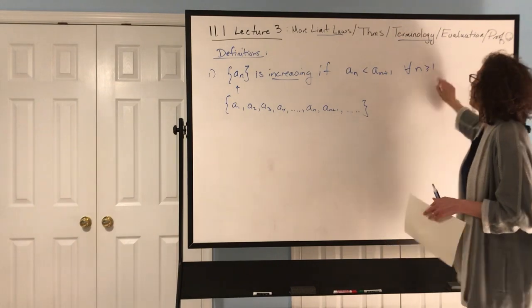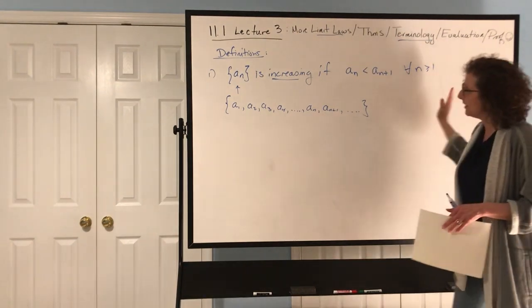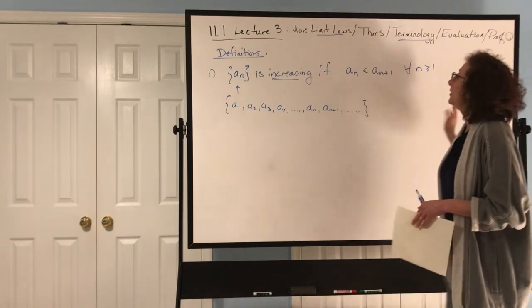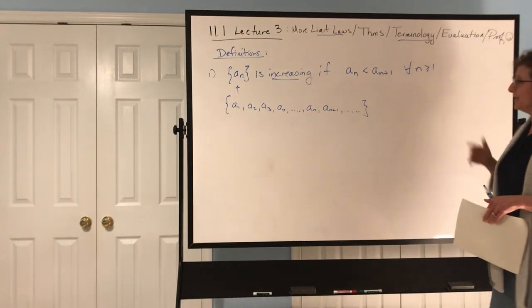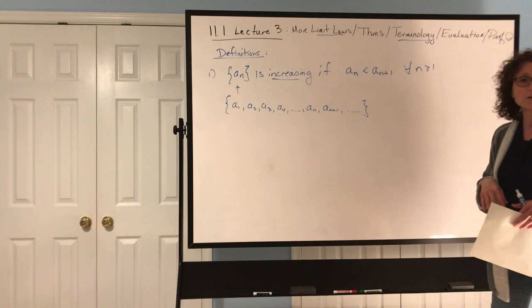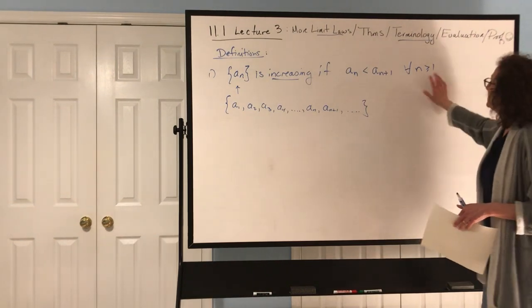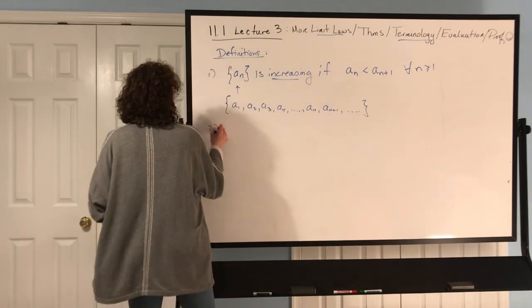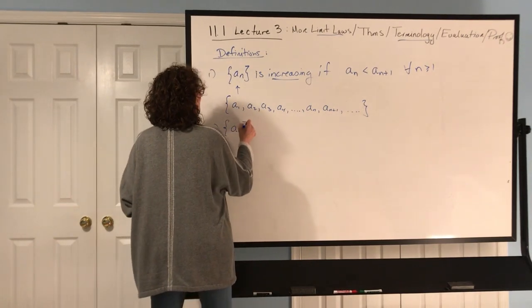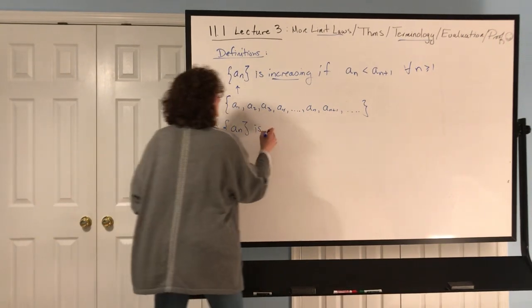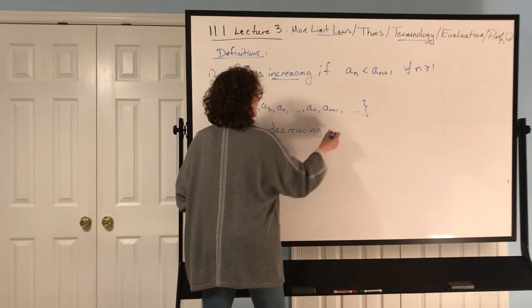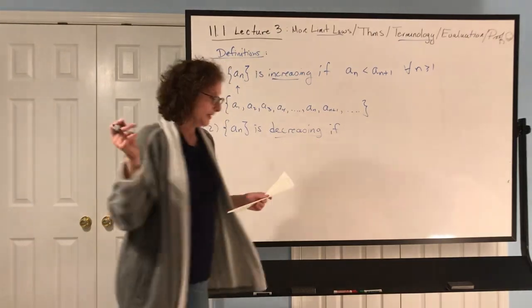Sometimes you can say, well, it doesn't matter, somewhere down the road, maybe after a4, the sequence is increasing. That's called eventually increasing, but we're not going to worry so much about that. Okay, so that's increasing. What do you think the definition for decreasing is? A sequence is decreasing if what?